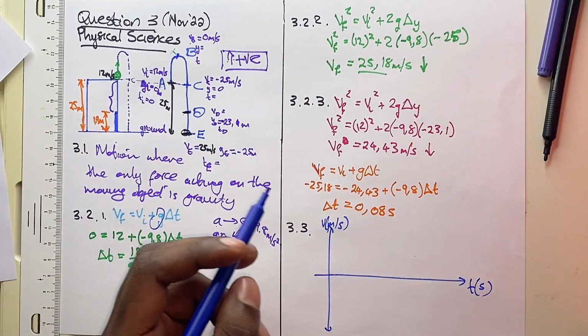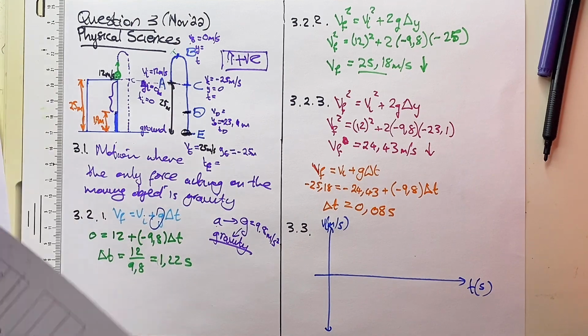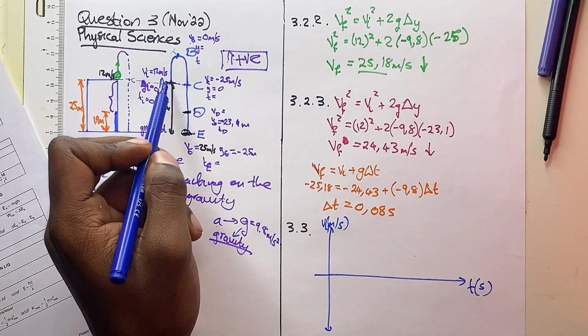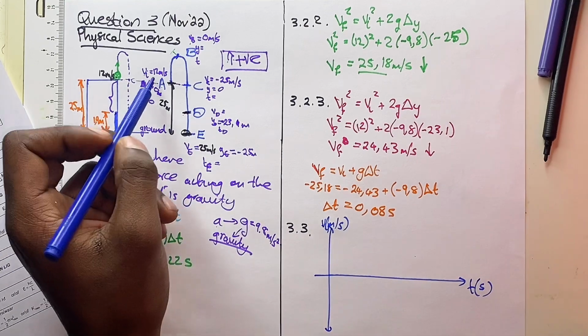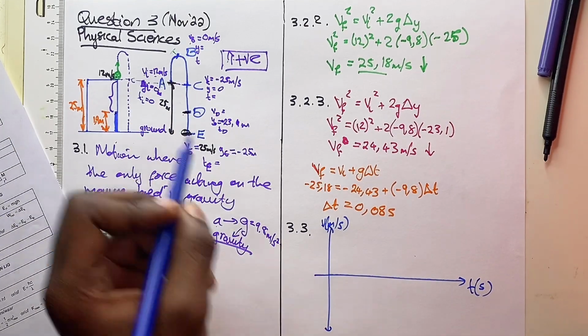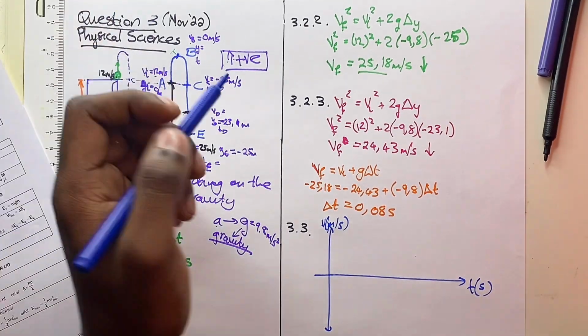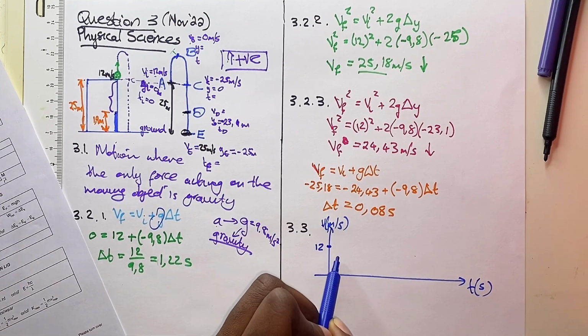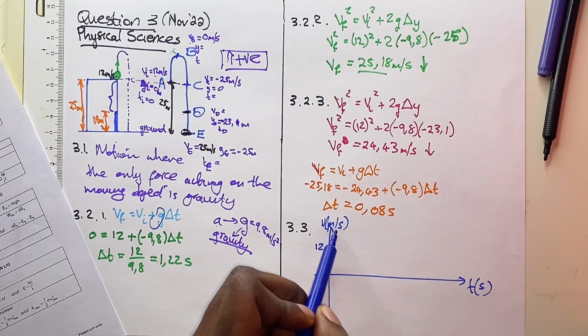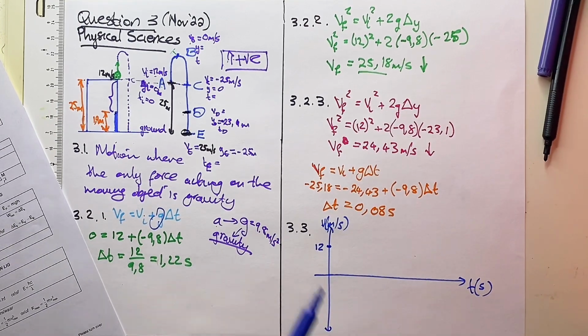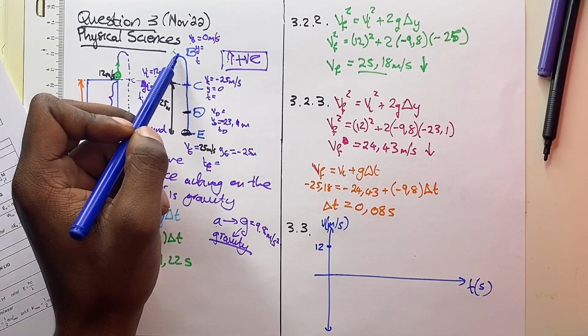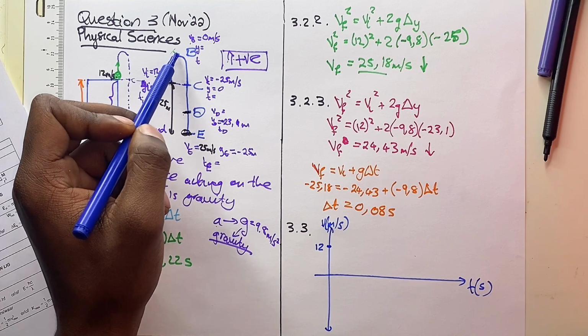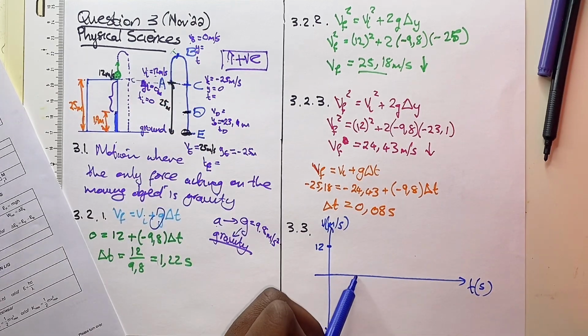Now let's start with our initial velocity. At A, do we know the velocity? Yes, it was 12 meters per second and it was moving upwards, so it was positive. So we'll put a positive 12 here, all in meters per second. Now, at its highest point, that's when the velocity is equal to 0.